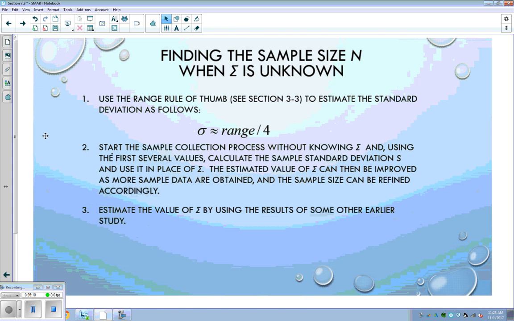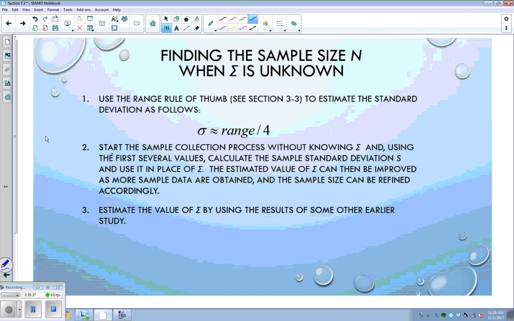As we said before, many times, most times, I wouldn't be needing to find out or estimate the population mean. If I had the population standard deviation, I would already know it. So I have to use my rule of thumb, which estimates the standard deviation of the population.